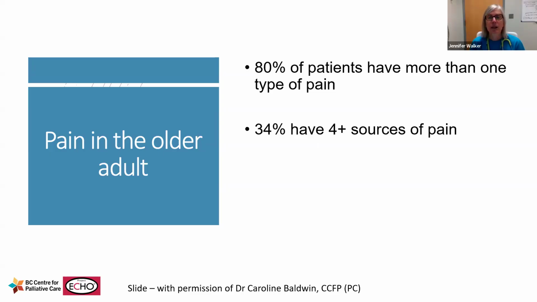So nociceptive pain tends to present as aching, throbbing pain, and usually in those who can report their pain, it's usually well localized. Neuropathic pain is related to disease or damage to nerves or the nervous system.